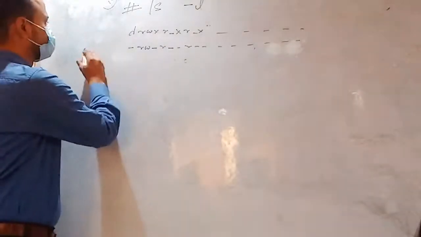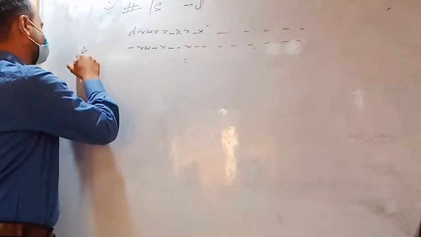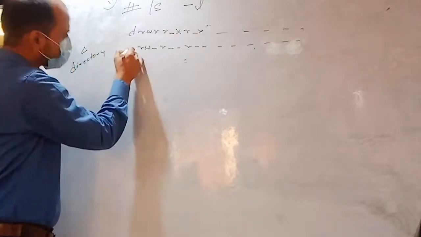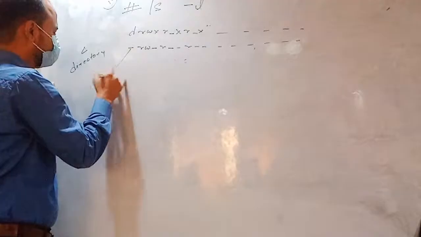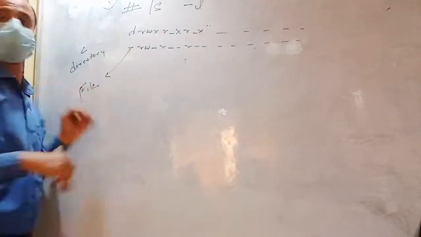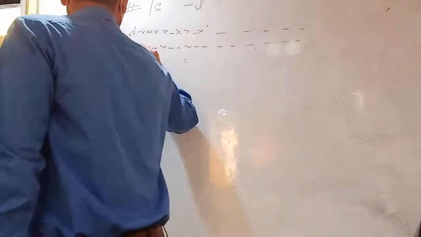This d represents directory. This minus sign represents a file. Only file.